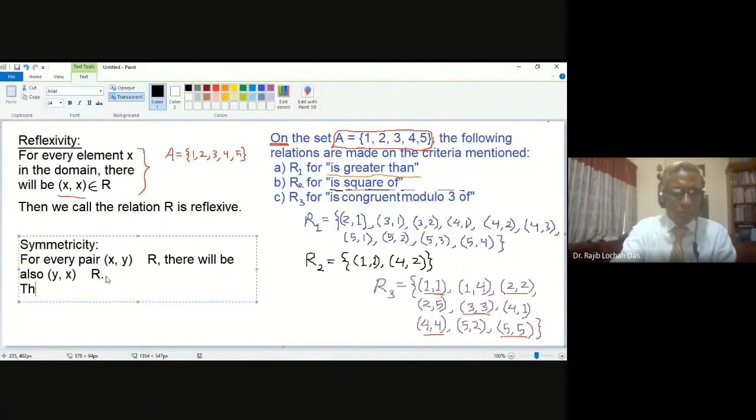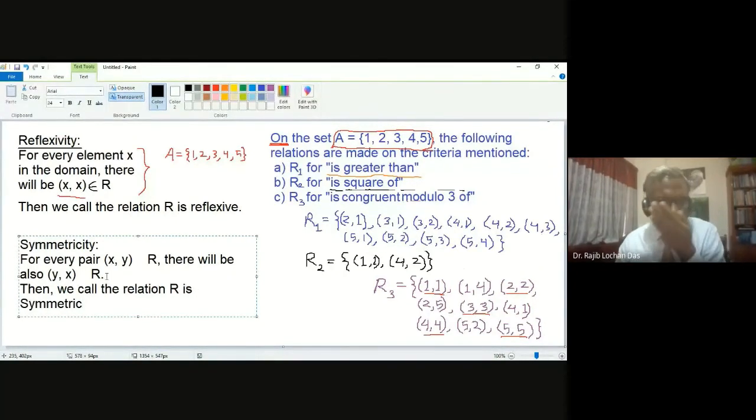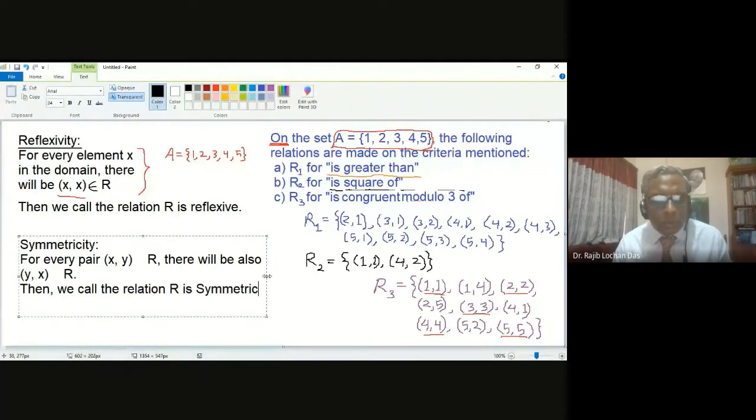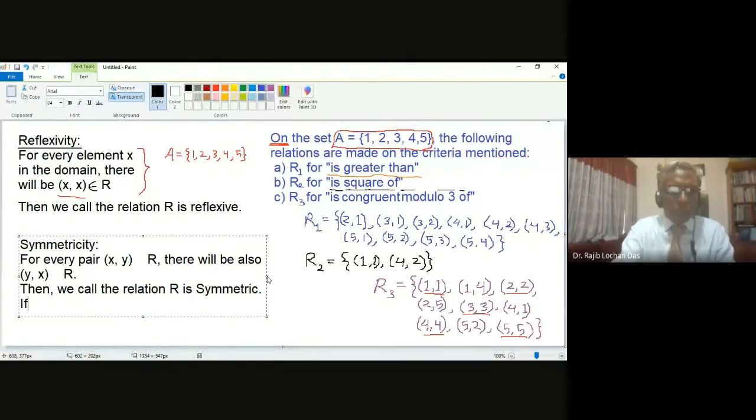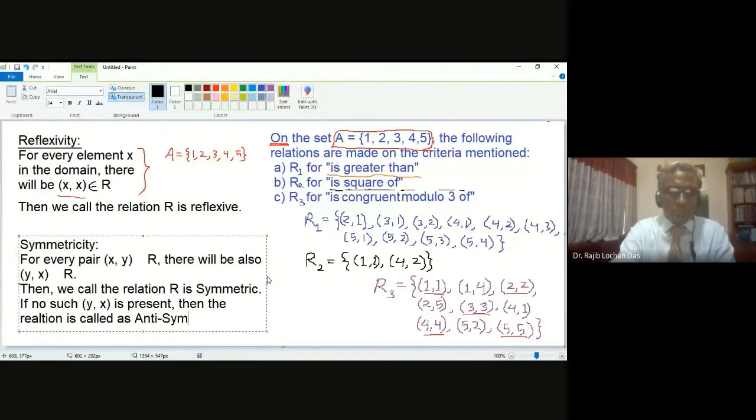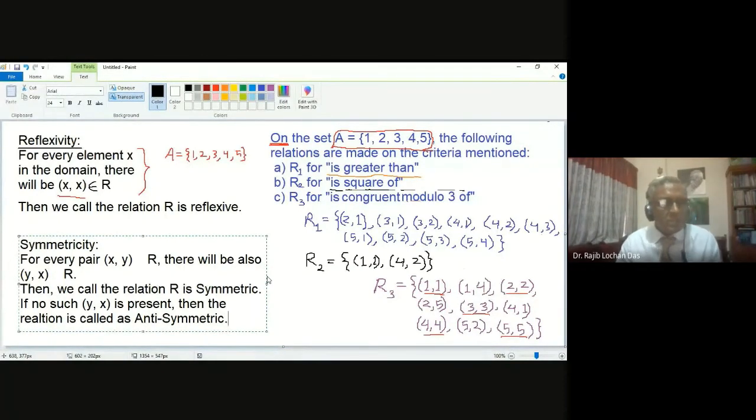Then we call the relation symmetric. And if no such y comma x is present, then the relation is called anti-symmetric. So that is the second point.